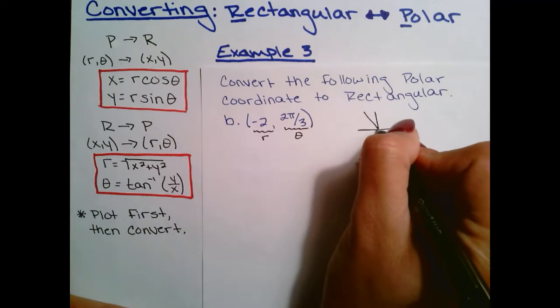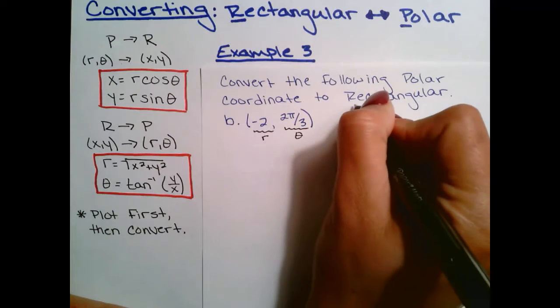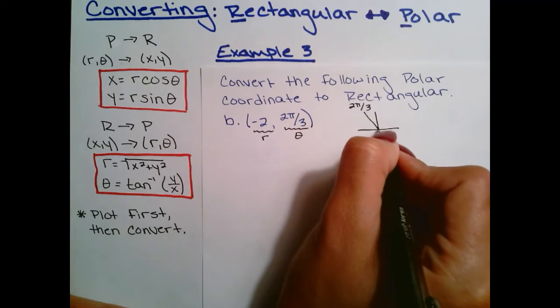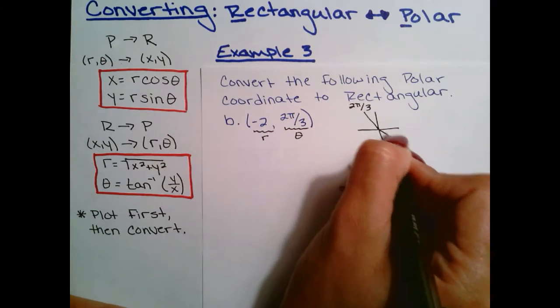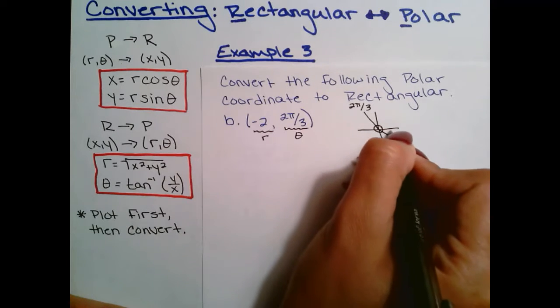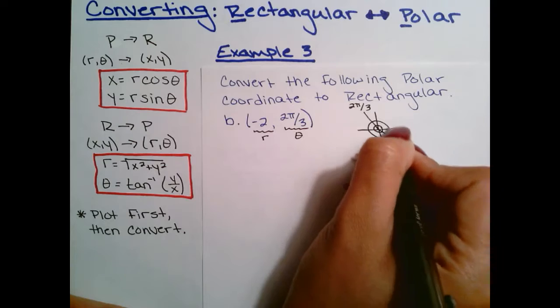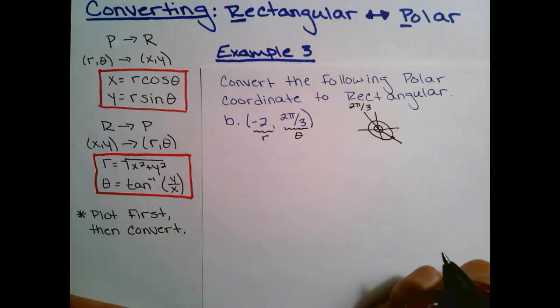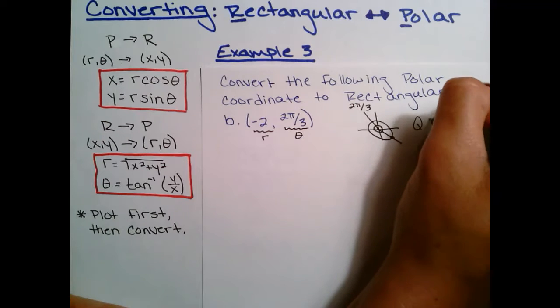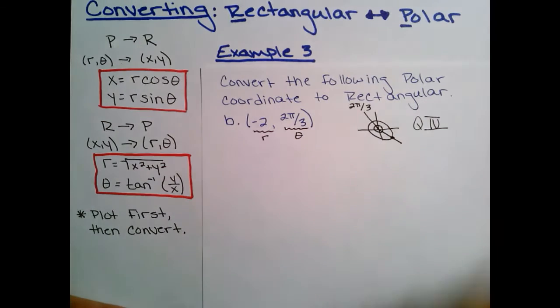And negative 2 means to go backwards. So if this is 2 pi over 3 and they want me to go 2 rings backwards, it's going to end up, let's say if there's a ring here. Whoa, that's a little off, but you get what I'm saying. So we know that we are in quadrant 4.